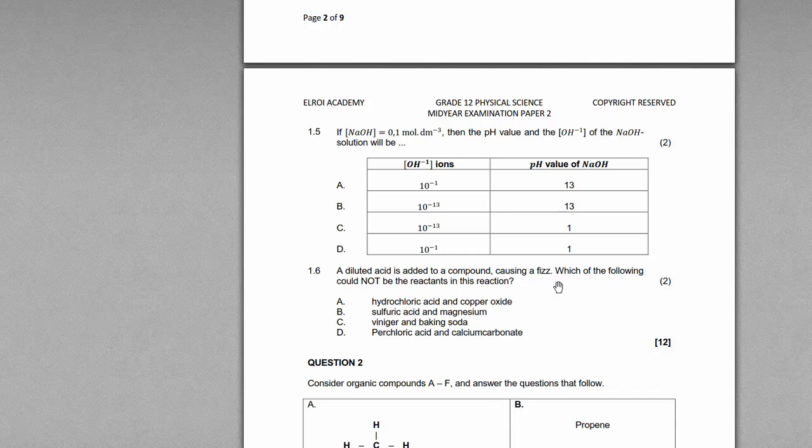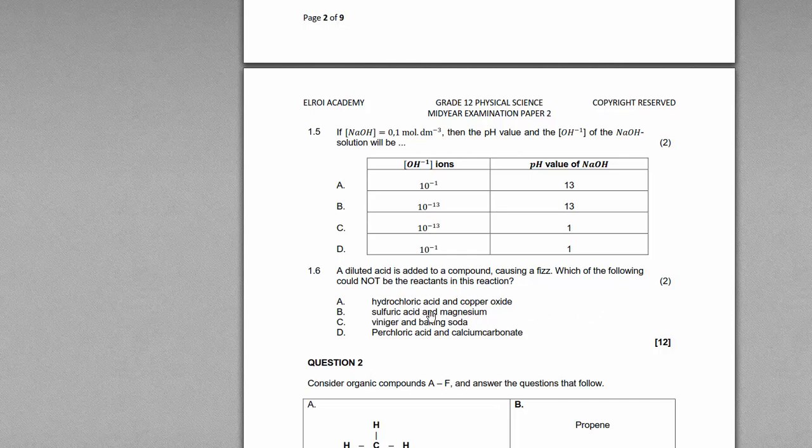Okay? So here you'd have to know, well, what is the product when I add an acid to, let's say, copper oxide? Let's start with this. Before I go to that one, because that's the correct answer. When I add sulfuric acid to magnesium, okay, so an acid with a metal produces a salt and hydrogen.